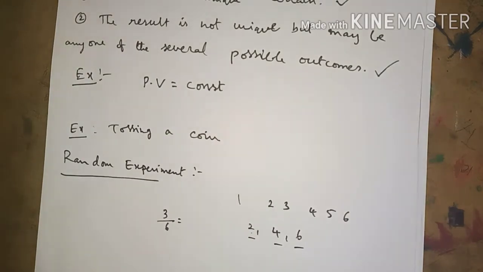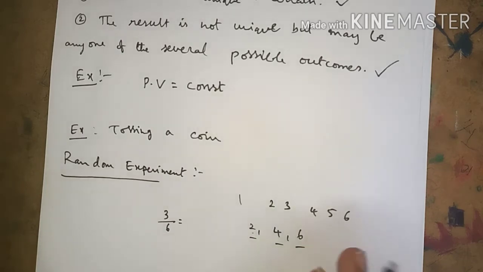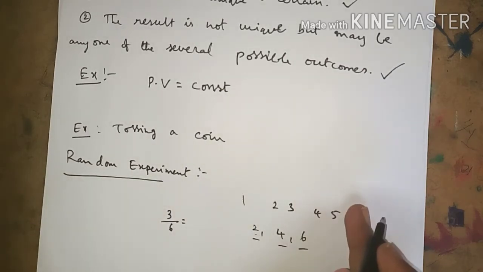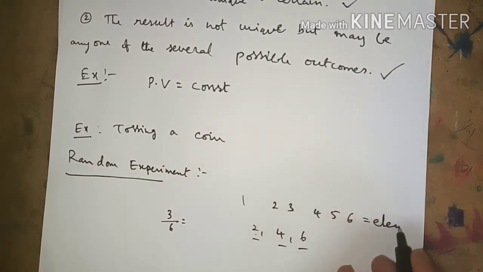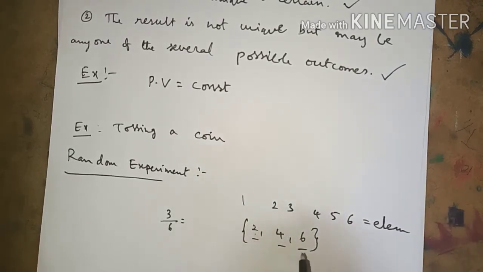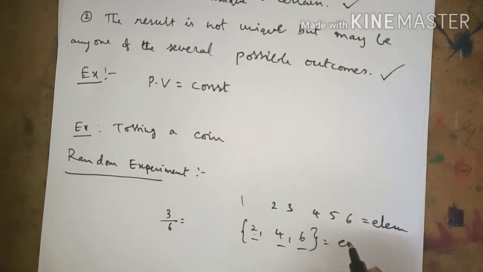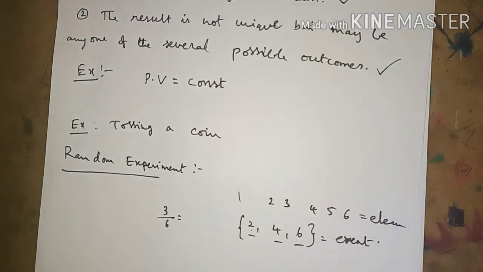The set 2, 4, 6 is a set of outcomes, and all possible outcomes are elementary events. The set 2, 4, 6 is the set of even numbers. It is a set of outcomes, and a set of outcomes is called an event. Now what is the difference between an elementary event and an event?